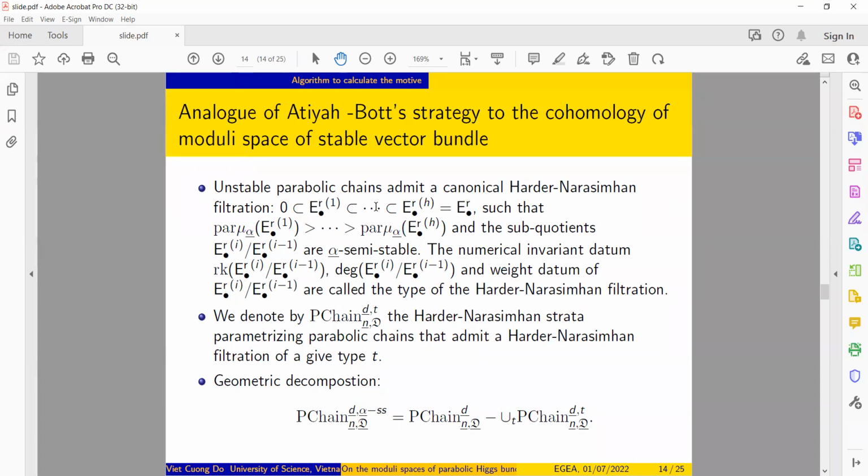When you know the unstable part, you know everything. You take everything minus the unstable part, you get the stable part. Okay, so it's very naive. Then in the next slide, I will show how we work with the Harder-Narasimhan filtration.